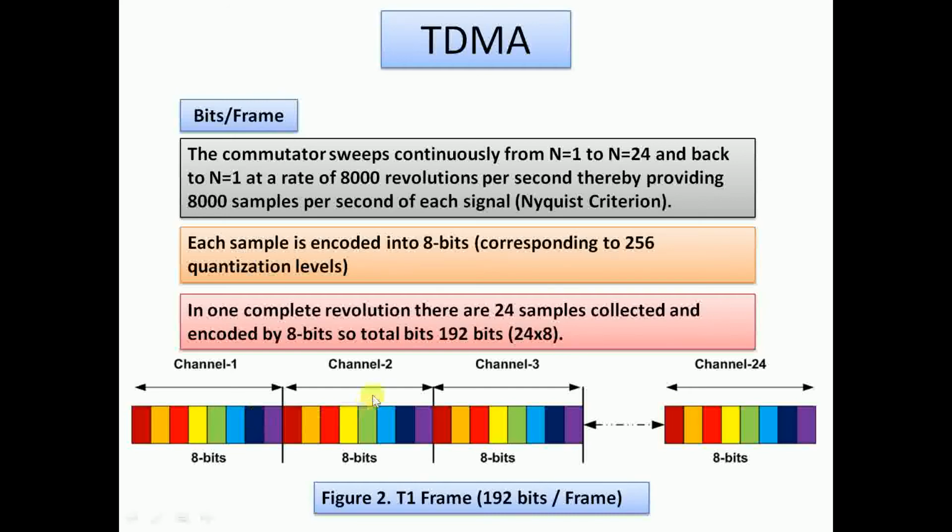Like this, the information from the second channel is also encoded in 8 bits, and the information from the third channel is also encoded in 8 bits. Like this we have 24 channels. So if we calculate, 24 into 8 is 192 bits of information obtained by one revolution of the commutator switch. This is one frame of the T1 standard. The T1 standard is for 24 users, so a T1 frame has 192 bits per frame, as depicted in this figure.